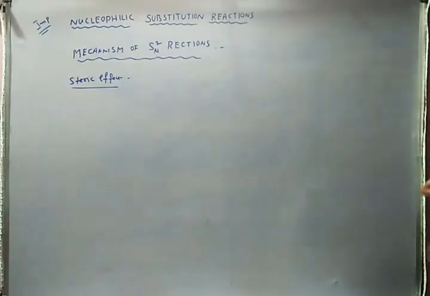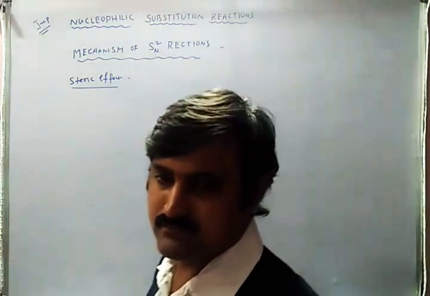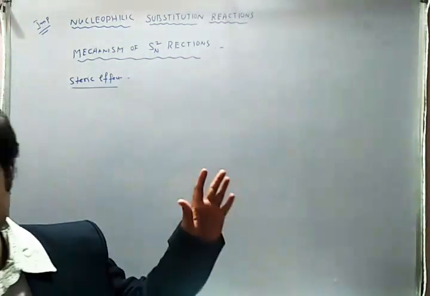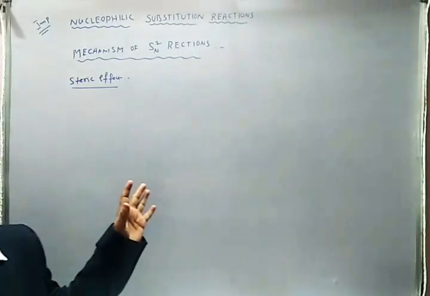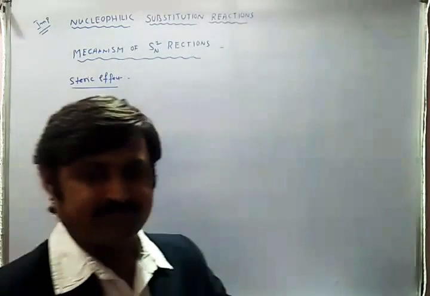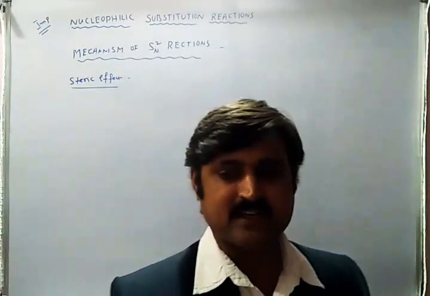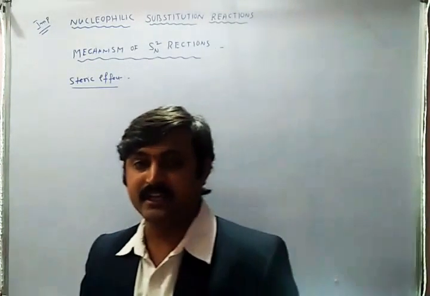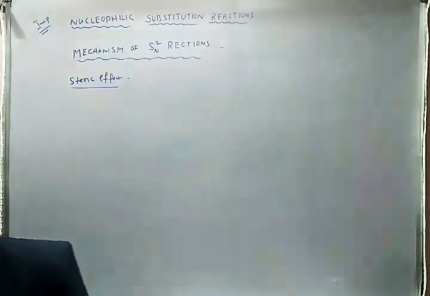Let us see the steric effect. Effects due to the groups occupying a certain volume of space are called steric effects. A steric effect that decreases the reactivity is also called steric hindrance.